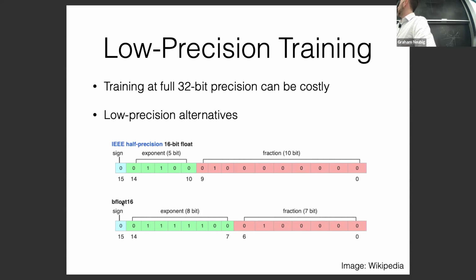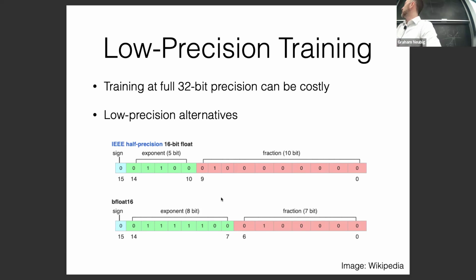There's something called bfloat16. In bfloat16, the B stands for brain, for Google Brain, because that's where they invented this. Basically, it increases the number of bits for the exponent to 8, and decreases the number of bits for the fraction to 7. That allows you to express a wider range of values at a lower precision, essentially.